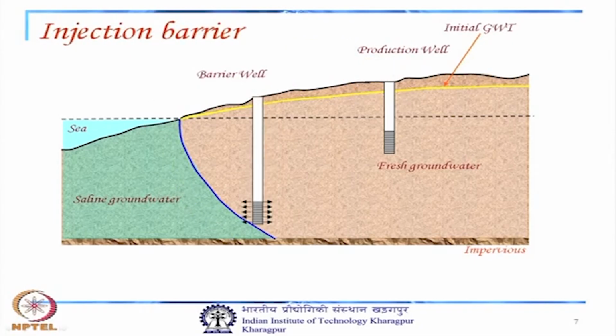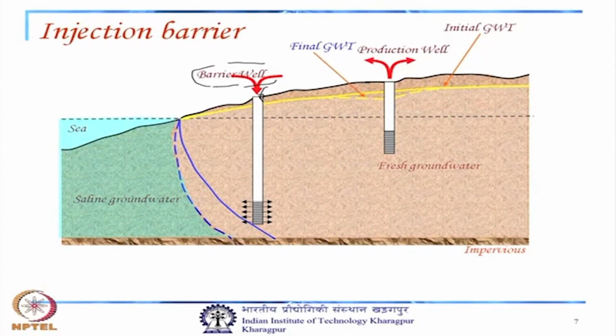Injection barrier. With the injection barrier, in case of barrier well, we have already seen that there is extraction barrier. Now, we can use the same barrier well as injection barrier. We can inject water into these barrier wells, so that water will spread into this aquifer and it will reduce the effect.